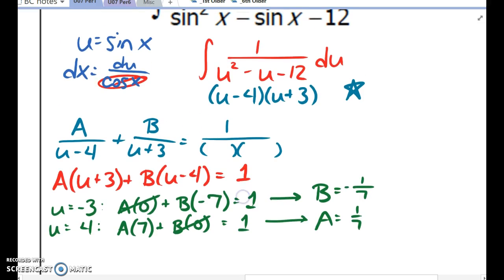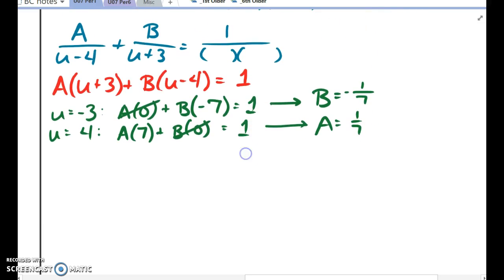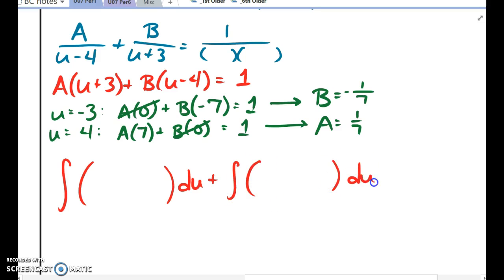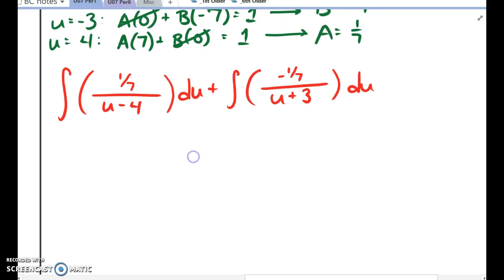So the thing that I had written up here in red can be written as two separate integrals, both with u's rather than x's, and again, that's totally fine. And the fact that these constants are fractions themselves isn't going to make a big difference. I'm going to do a fraction within a fraction thing. So my A, the 1/7, goes over u minus 4. My B, the negative 1/7, goes over u plus 3.